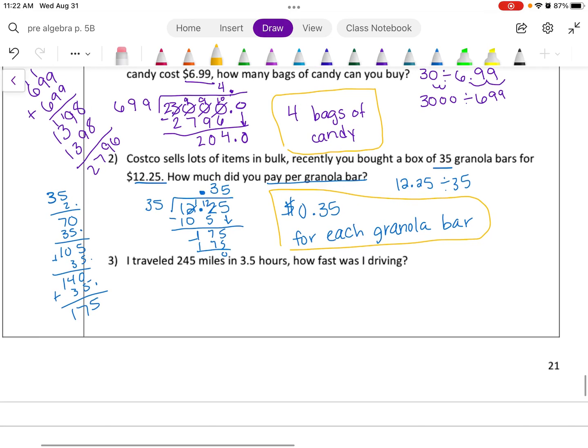Okay, one more. I traveled 245 miles in 3.5 hours. How fast was I driving? Okay, so we want to figure out how many miles did we go each hour. So we are going to divide.